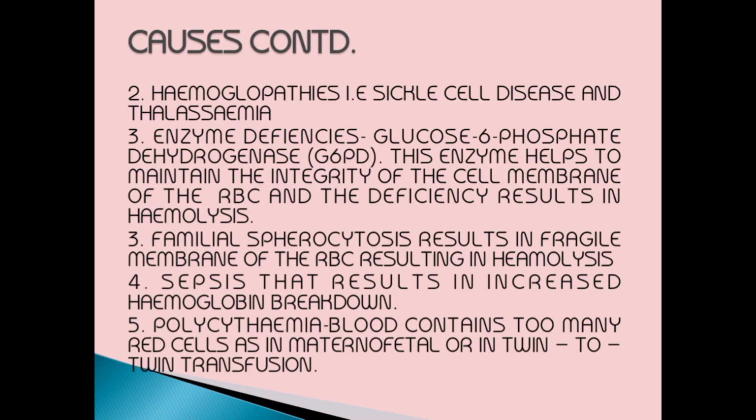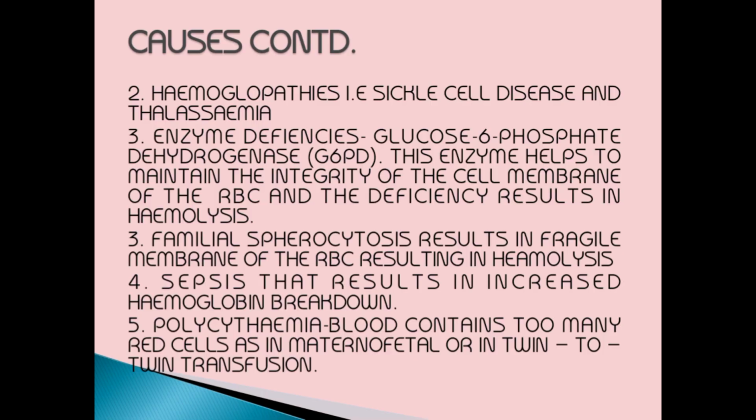Hence, it is going to be broken down by the spleen, leading to bilirubin production. The other thing is sepsis, infections. Infections may also lead to an increase in bilirubin levels, because red blood cell destruction will be there. For example, diseases like malaria.